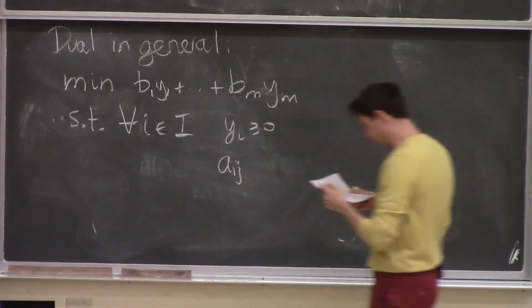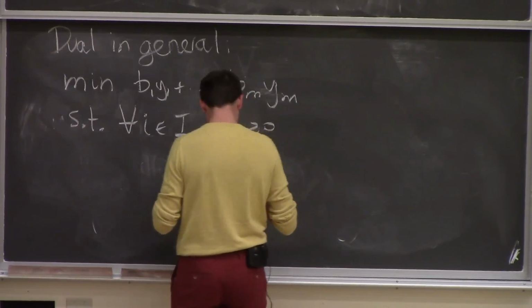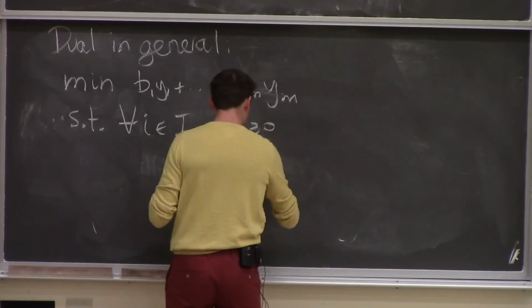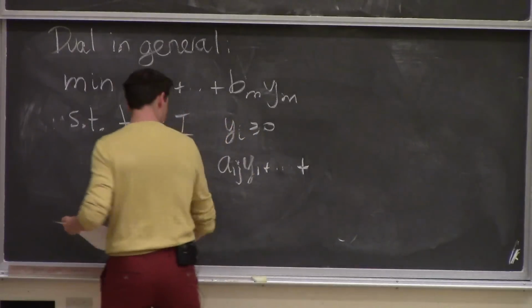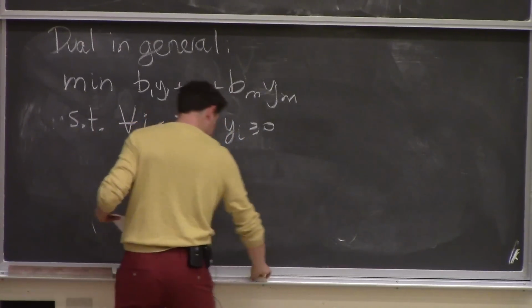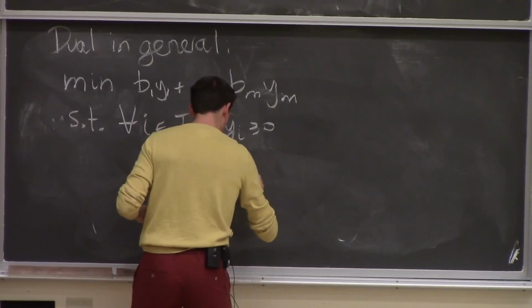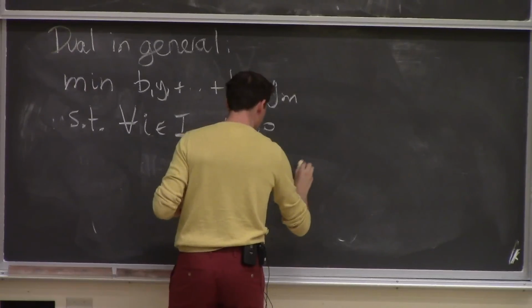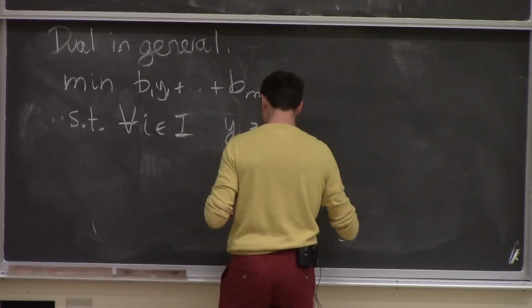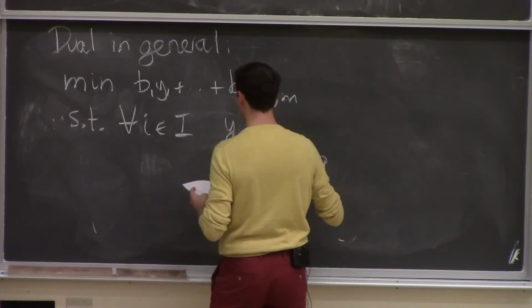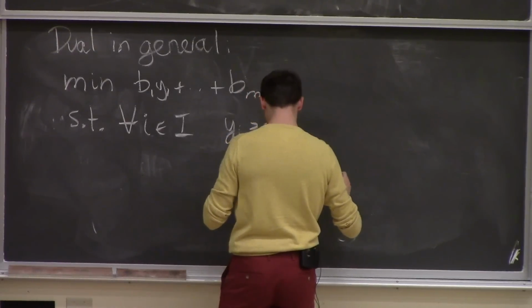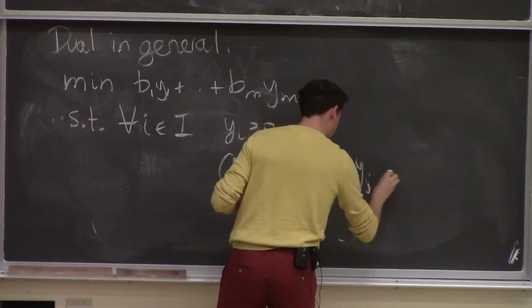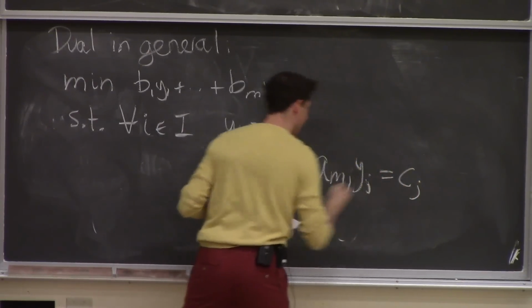So I have A1j y1 plus blah, blah, blah, up to Amj ym equals Cj.